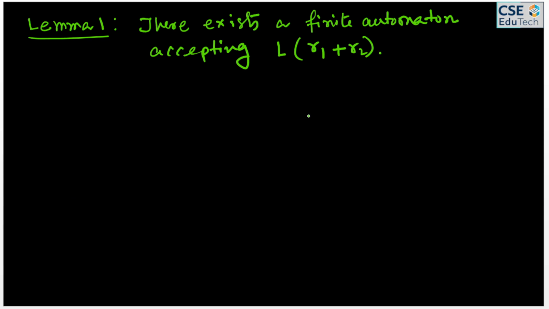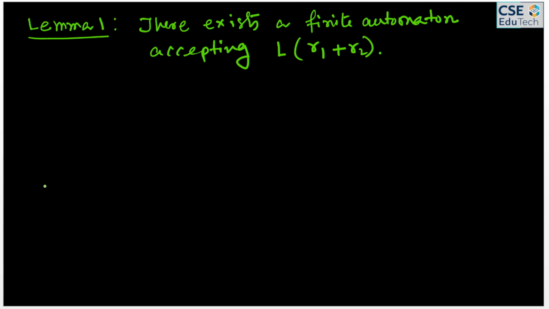How do we prove this? Suppose we have two machines, automaton A1 and A2, and we have already defined them. A1 accepts the language generated by the regular expression R1, and automaton A2 accepts the language generated by the regular expression R2. Now there exists a finite automata which accepts the language generated by R1 union R2.